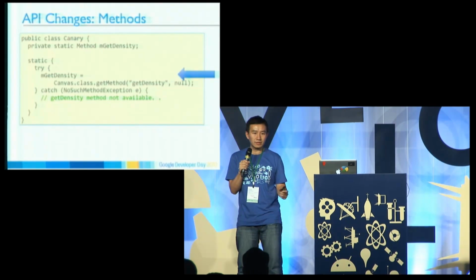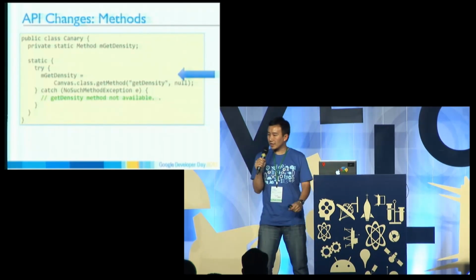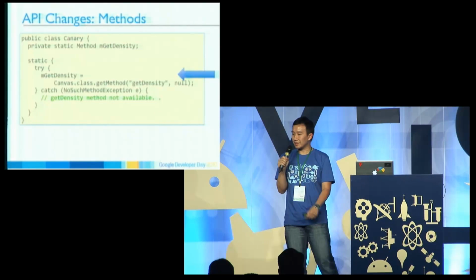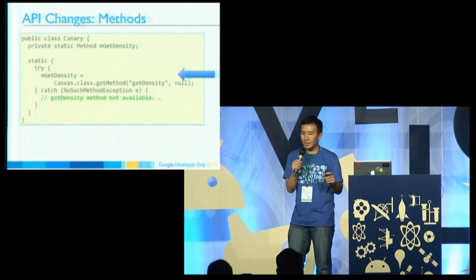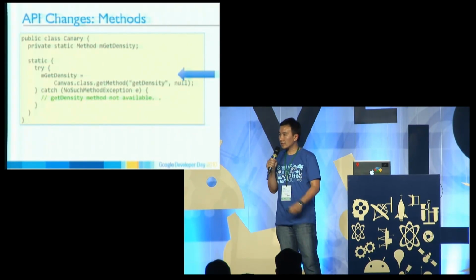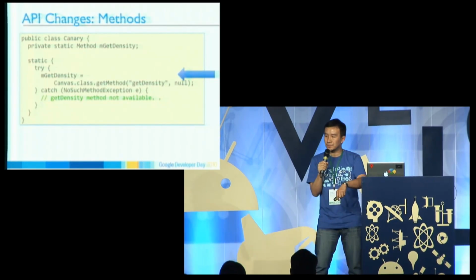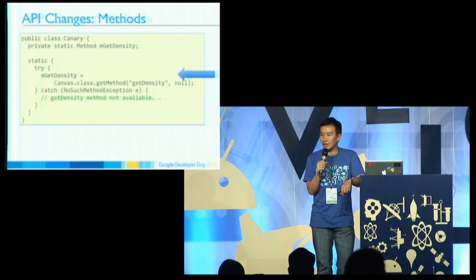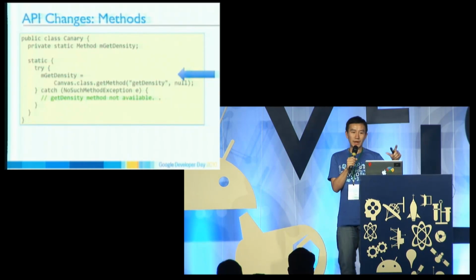Method is just a Java reflection class that represents the method itself. And then you say, get me the method called getDensity. If that getDensity method is found at runtime, it'll return a reference to that method. And that reference, based on this code snippet, is stored in the getDensity reference handle. If it's not found, an exception will be thrown, and you're going to have to do something differently. So that's the wrapper method.